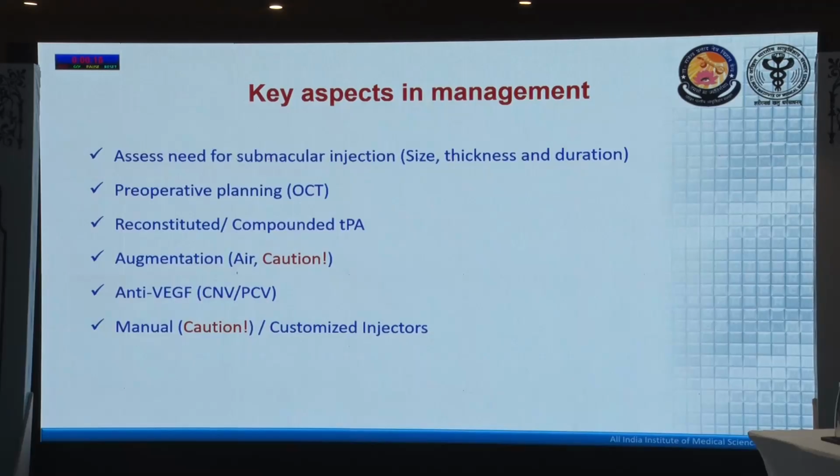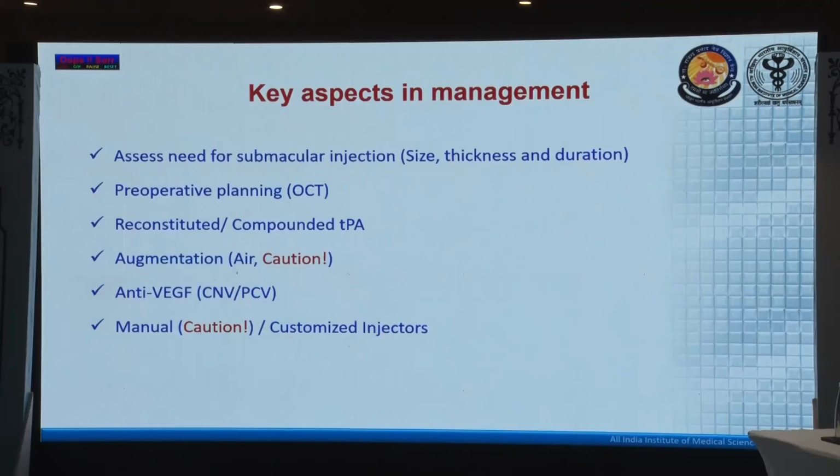You can reconstitute, or if you have the facility to compound as we have, you can use compounded tPA as well. Augmentation with air, I have now switched to not using intravitreal subretinal air, and I see that my results are equally good. The additional risk of foveal blowout is with the air.